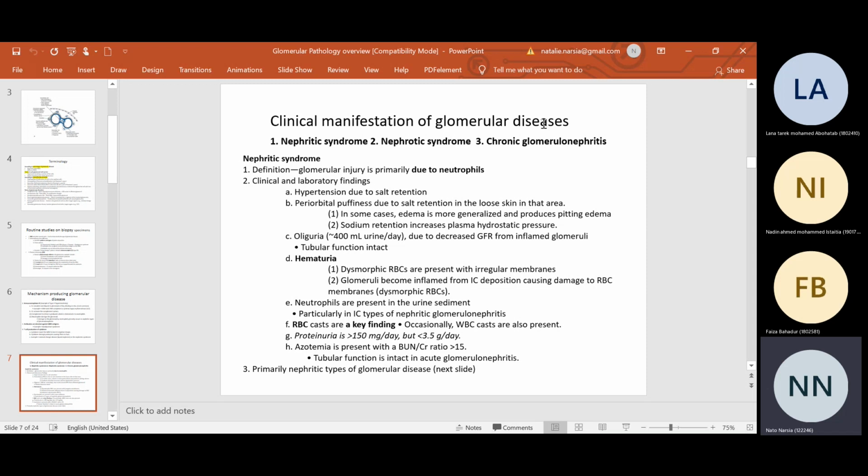And let's discuss it. Nephritic syndrome is defined as glomerular injury primarily due to neutrophils, nephritic. Itis means there is inflammation. So what causes inflammation? It is an acute process, and you definitely need to find neutrophils there. Clinical laboratory findings are interesting as well. Why?